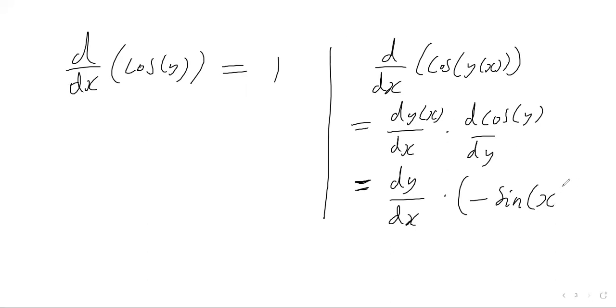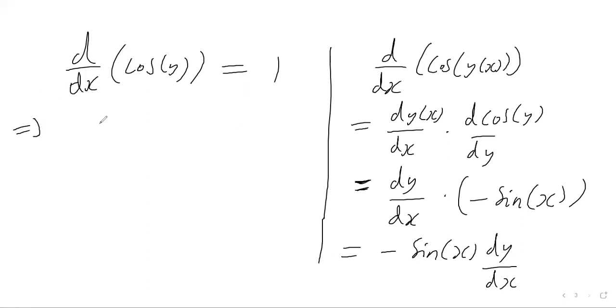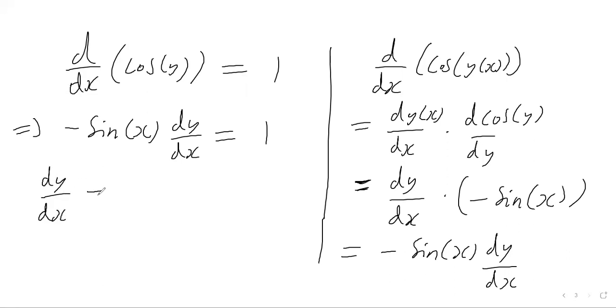So we get negative sine of y multiplied by dy by dx, and we substitute this into the left-hand side: negative sine of y dy by dx equals the number one. Then we divide both sides by negative sine of y to get dy by dx on its own, because that's what we want to calculate.